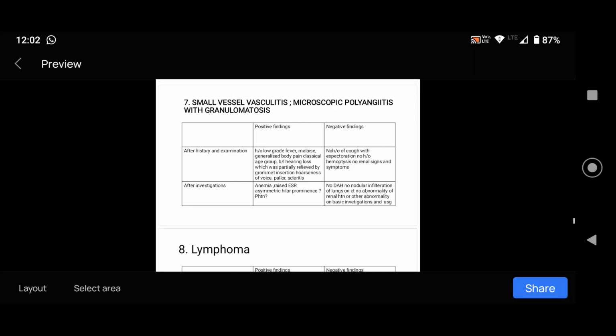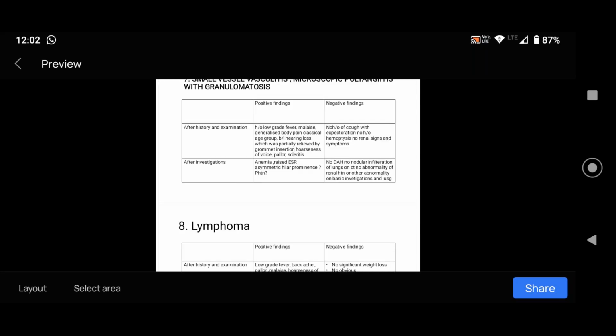The features which go in favor of Wegener's or microscopic polyangiitis with granulomatosis are that he had a history of low grade fever, malaise, generalized body pain, and the classical age group of this patient, he's 45 years old. These diseases usually affect people in their fourth to sixth decades. And there was bilateral hearing loss which was partially relieved by grommet insertion, hoarseness of voice, pallor and scleritis.